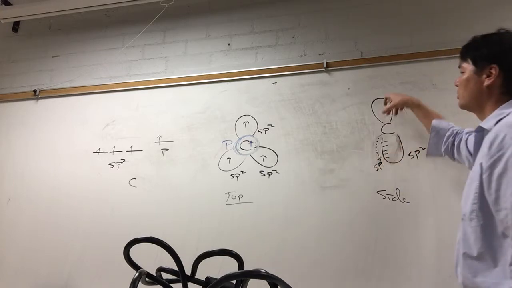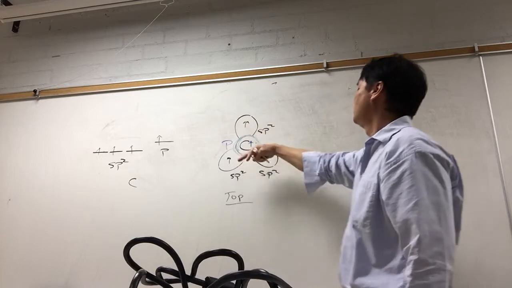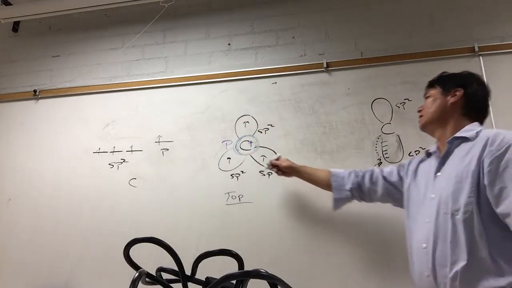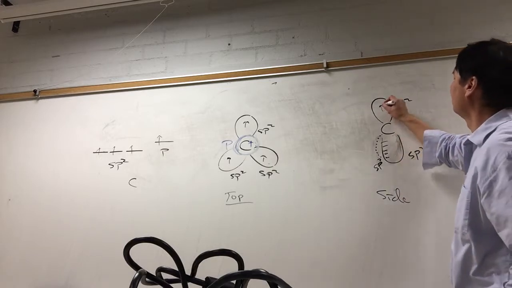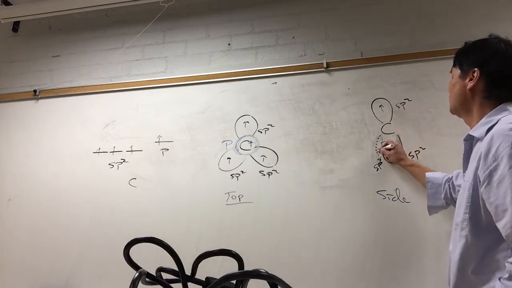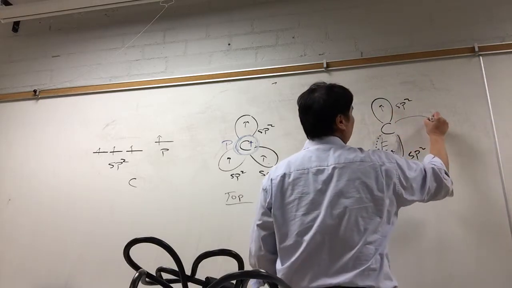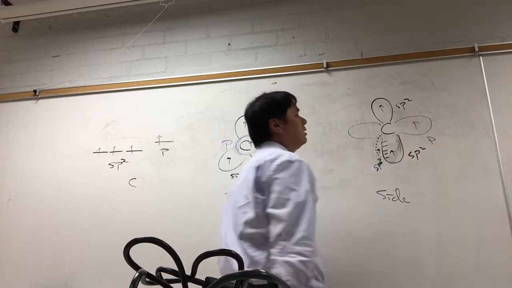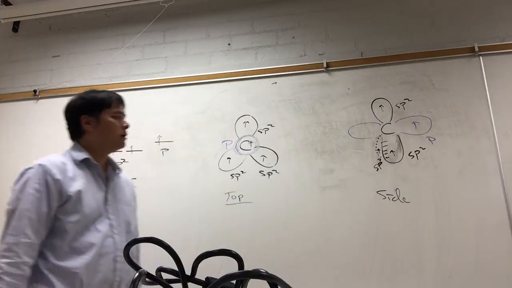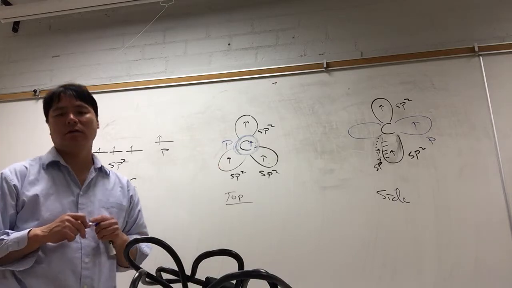And so I still have this trigonal planar arrangement, so I just grabbed it from this orbital and just twisted it this way. And so now this one's sticking out and this one's sticking in. These are going to have electrons like this. Well, what that's going to do is it's going to put the p in profile like this. And so this is just one p orbital and it has 1 electron like that. And so this is the top view, this is a side view. You have to be able to draw these.